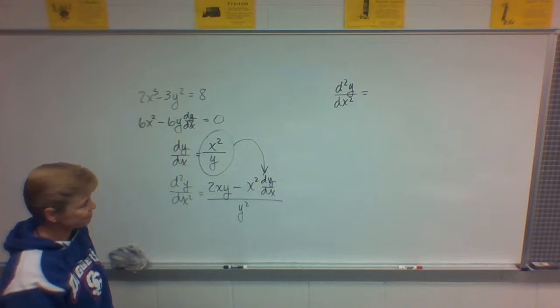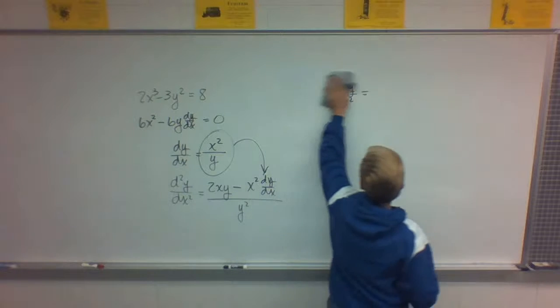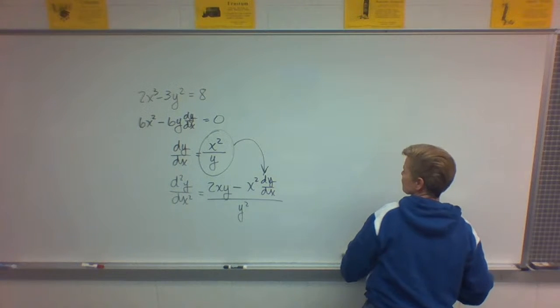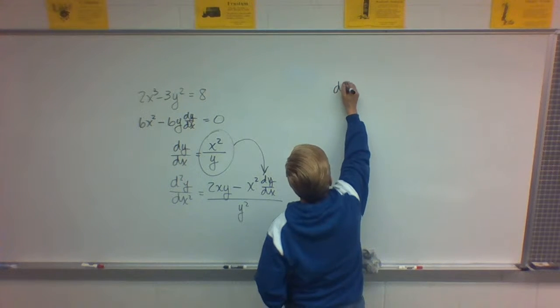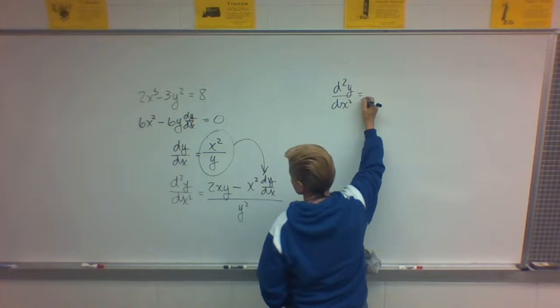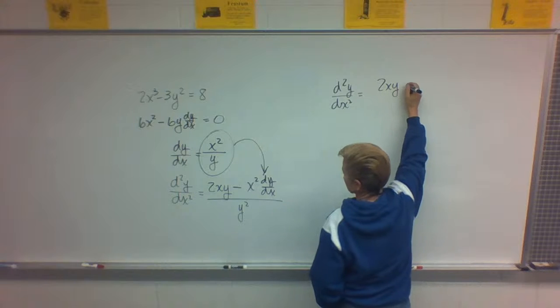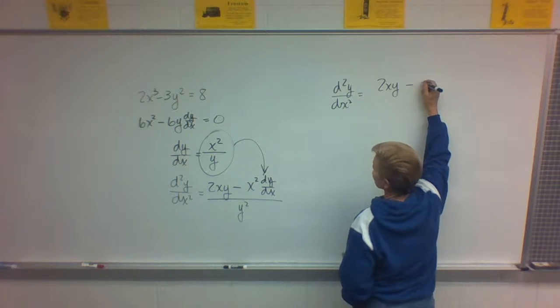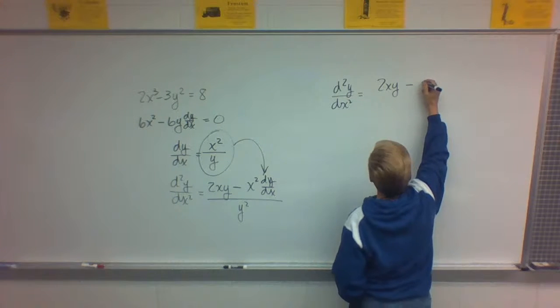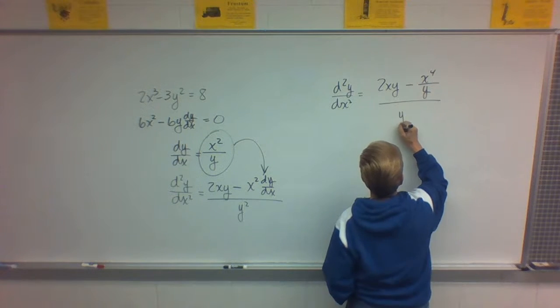So we plug that in so that it's all in terms of x and y. So d squared y with respect to x squared is 2xy minus x to the fourth over y, all over y squared. You all agree with that? Yes.